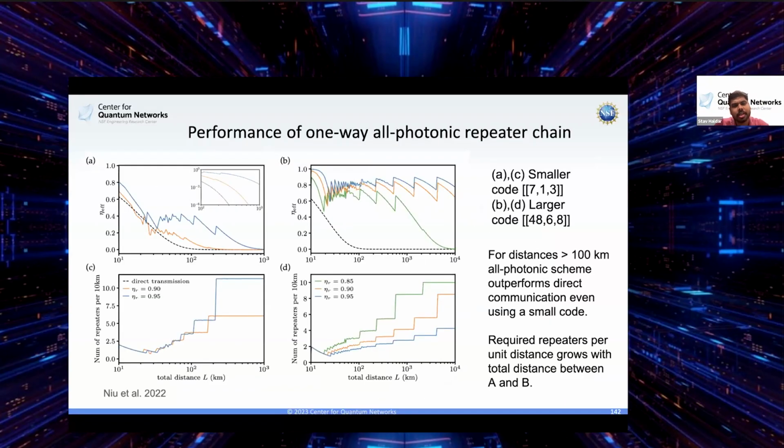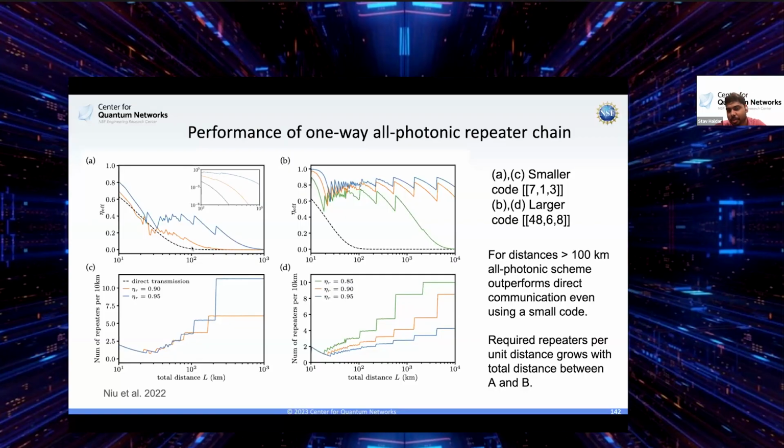In terms of performance, the only key point that I would like to highlight is that if you look at the transmission efficiency, which is proportional to the rate that you get end to end, you see that for distances over 100 kilometers on the x-axis, the blue and the orange lines do much better than the black line.